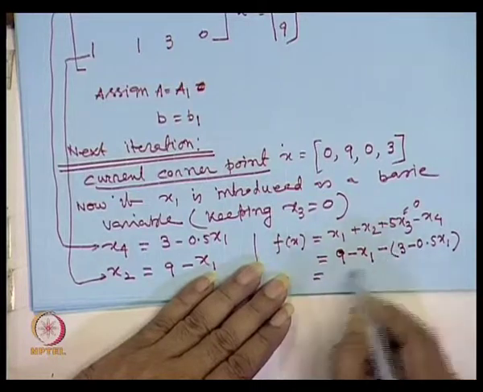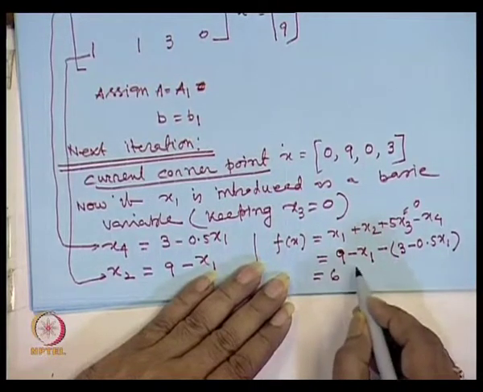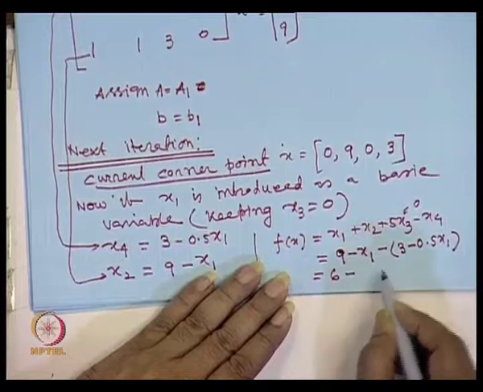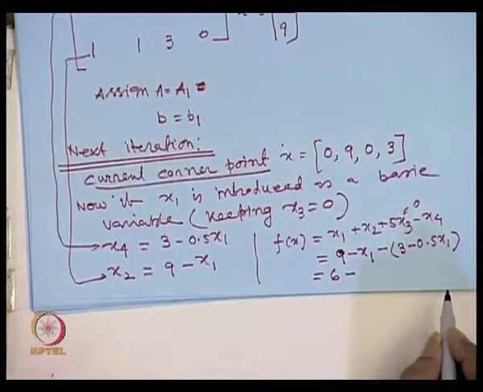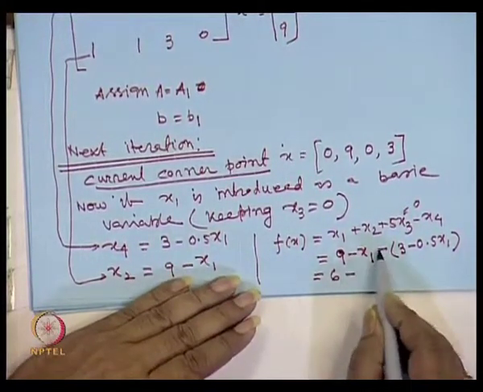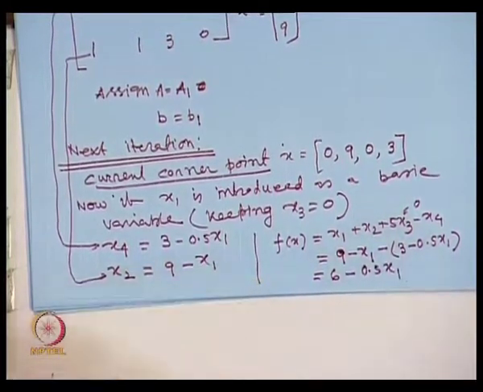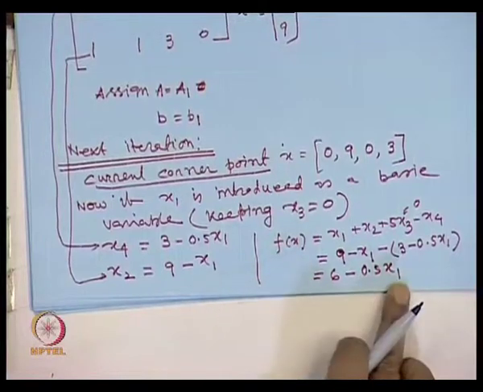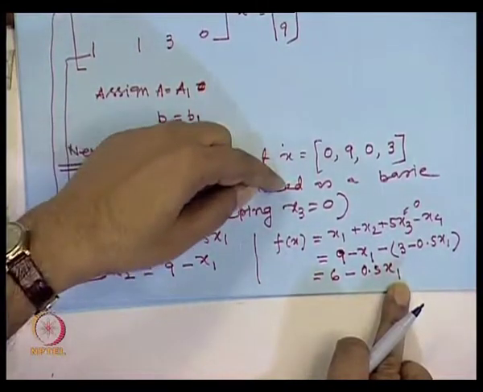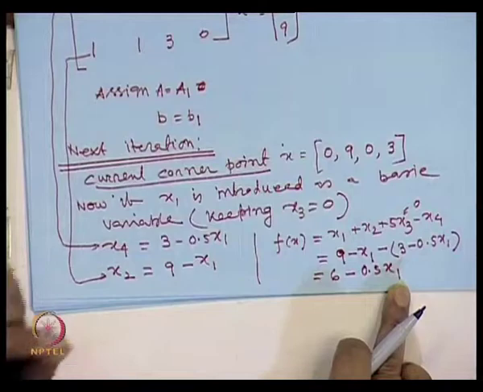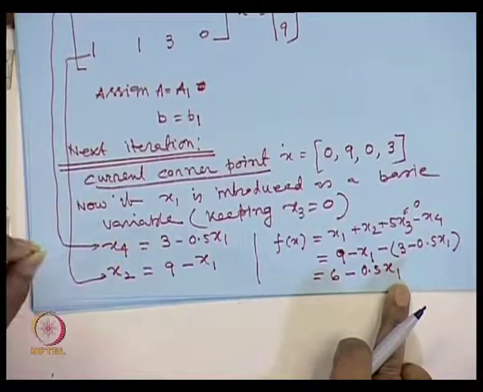Ultimately it is coming 6 minus 0.5 x 1, agree. Now, see x 1 is introduced as a basic variable, that means previously x 1 was 0, now you are increasing this value.